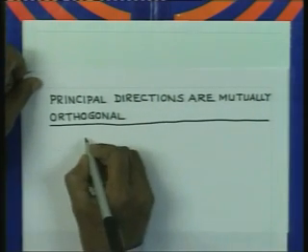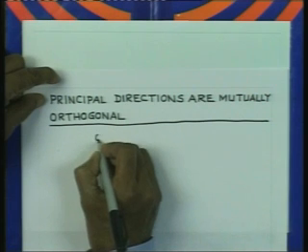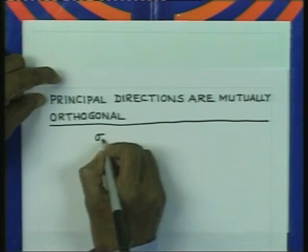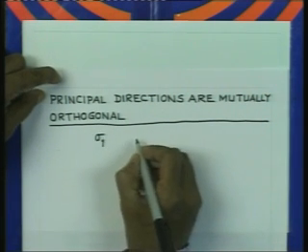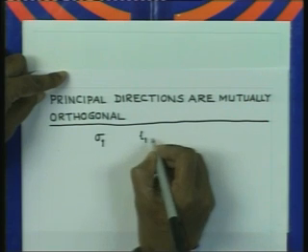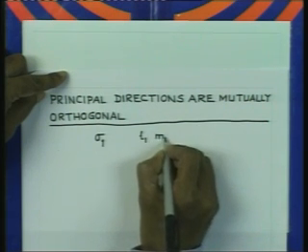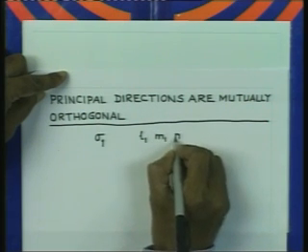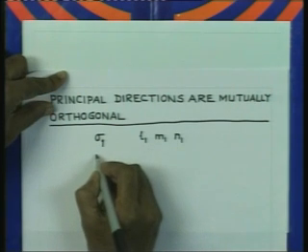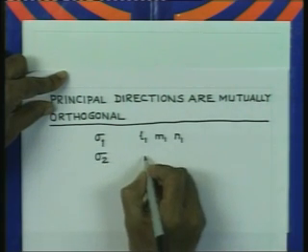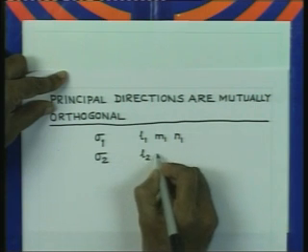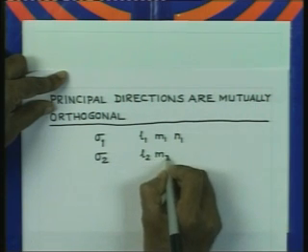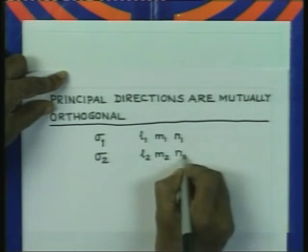Let us consider that sigma 1 is the principal stress 1 and the direction cosines are L1, M1, N1. Similarly, sigma 2 is the second principal stress and the direction cosines are L2, M2, N2.